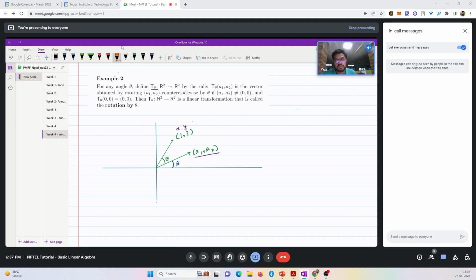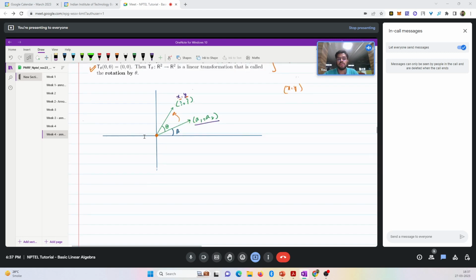You have rotated this point counterclockwise to some point x comma y, and we want to see what this x comma y is. And for point 0 comma 0, you always map 0 to 0. This map is called the rotation map by angle theta.